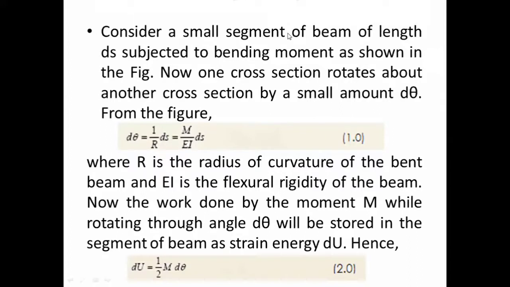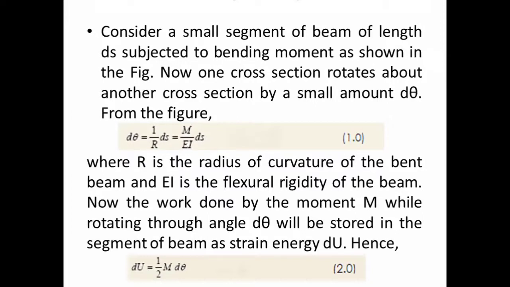So consider a small segment of beam of length ds subjected to bending moment as shown in figure. One cross section rotates about another cross section by an amount d theta, and that is mathematically calculated as angle is equal to arc length upon radius. So this is the first part of the equation, which has been equated to the flexural formula. Here R is the radius of curvature, EI is the flexural rigidity, and the work done by moment M through angle theta will be half M d theta.